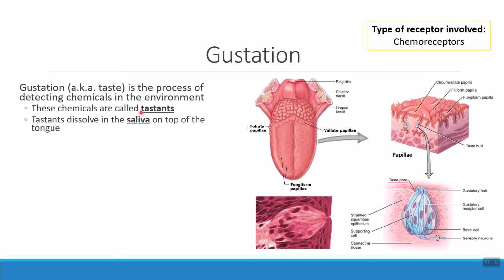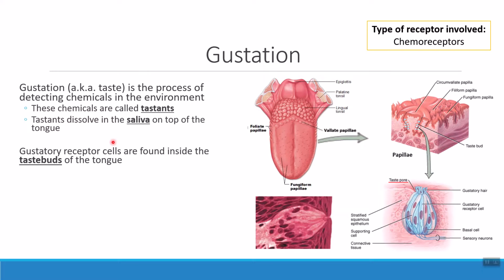So once you've written that word saliva, underline, highlight, star it. We have to dissolve all of our tastants for our cells to be able to detect them. The kind of cells that we use to detect gustatory sensations, or chemicals that we're tasting, are called gustatory receptor cells, just like we had olfactory receptor cells.